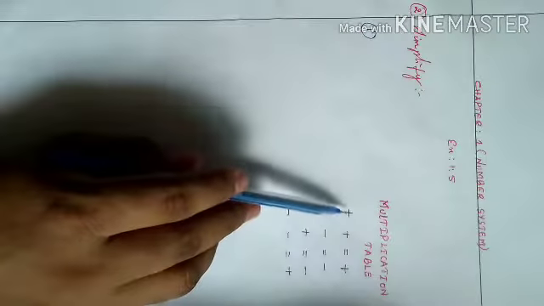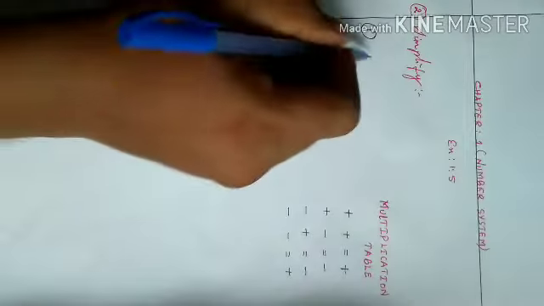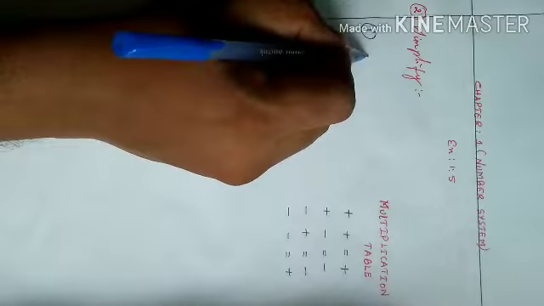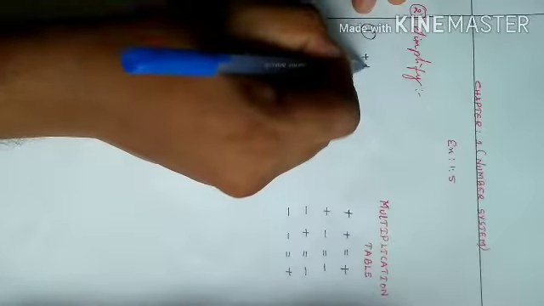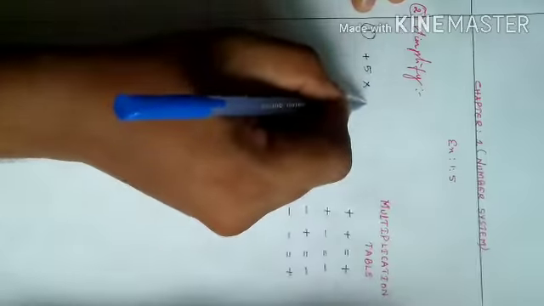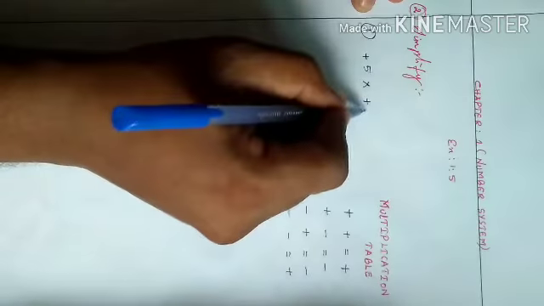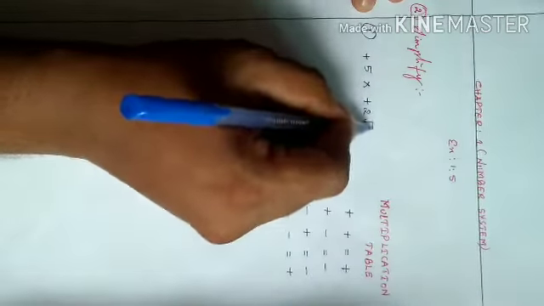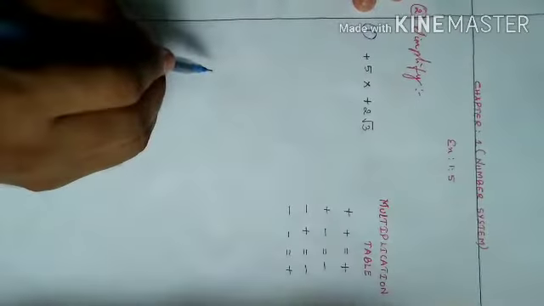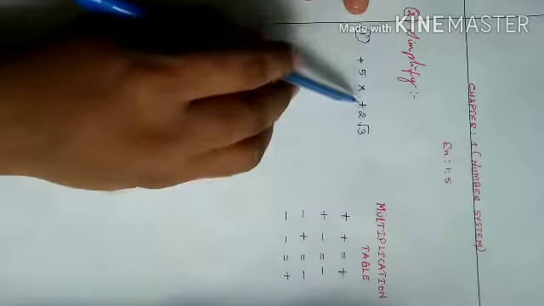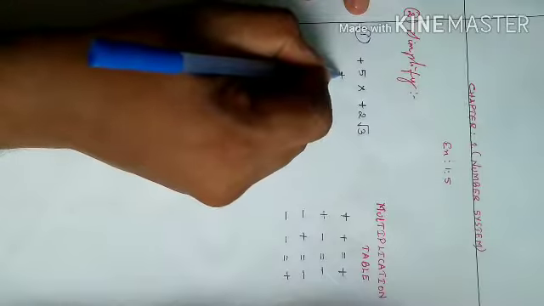So what is the first one here? Plus into plus. Now we are going to use plus and plus. So plus 5 into plus 2 root 3. Plus into plus, plus.